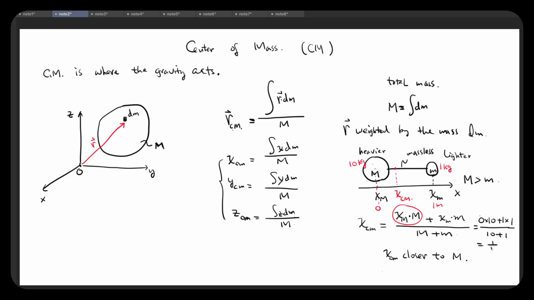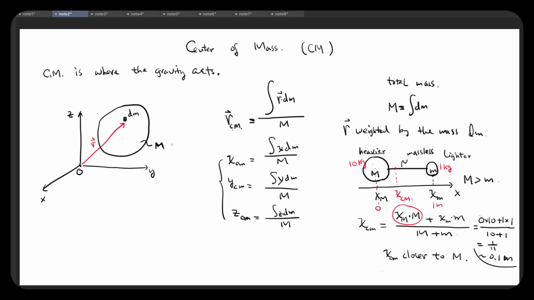So we get 1 over 11, which is approximately 0.1 meter. So 0.1 meter compared to 1 meter, of course, it's closer to 0. That's why the center of mass is closer to the heavier side.